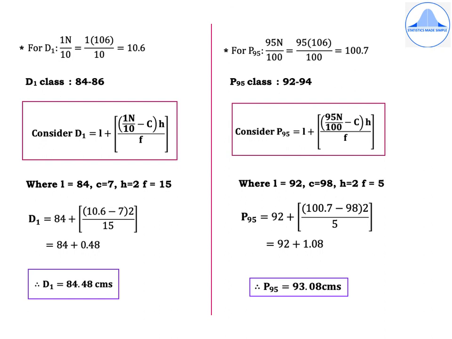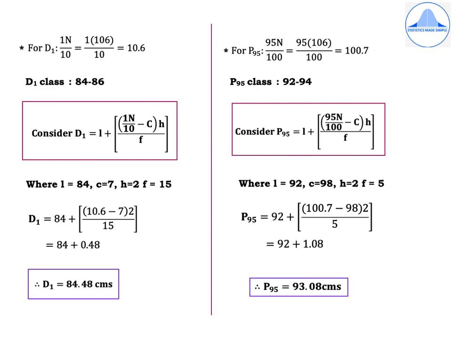Then write D1 equal to L plus (1n by 10 minus C) into H divided by F, where L is equal to 84, C is 7, H is 2 and F is 15. So you get D1 is equal to 84 plus (10.6 minus 7) into 2 by 15, which is equal to 84 plus 0.48, or D1 is equal to 84.48 centimeters.